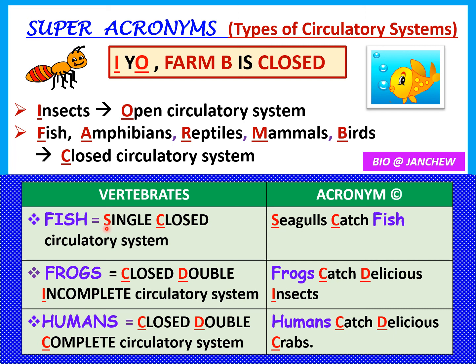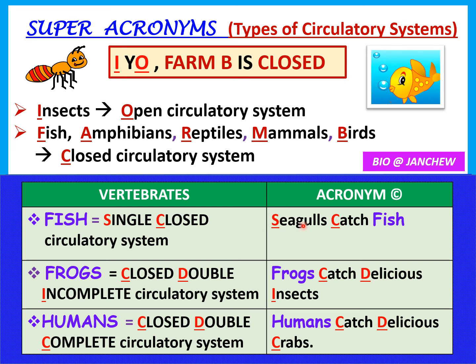Take out the first letter from the words in the acronym. Now, frogs. Frogs have a closed double incomplete circulatory system. So remember, frogs catch delicious insects. Okay, so all the C stands for closed, and we use the word catch.